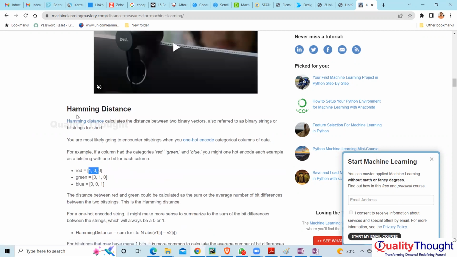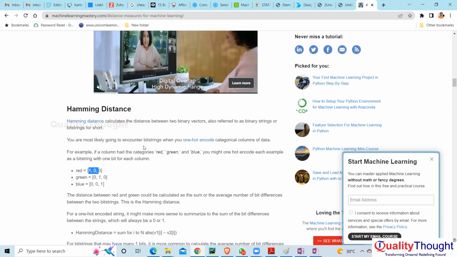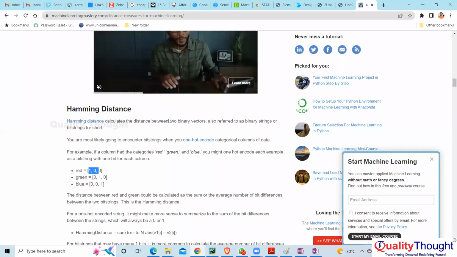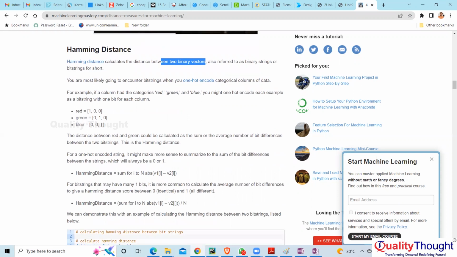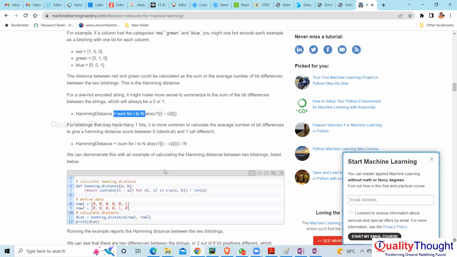So we use Hamming distance in situations where you have binary vectors, that means a yes, no kind of situation. In this case, the distance is given by the sum from i to n of the absolute value of v1 of i minus v2 of i. Simple.